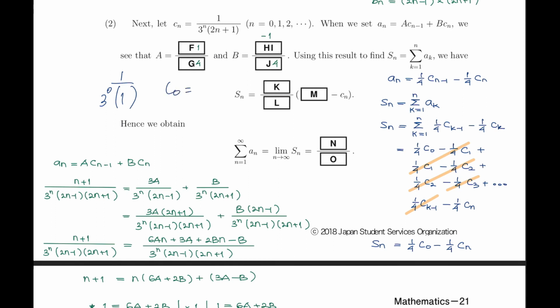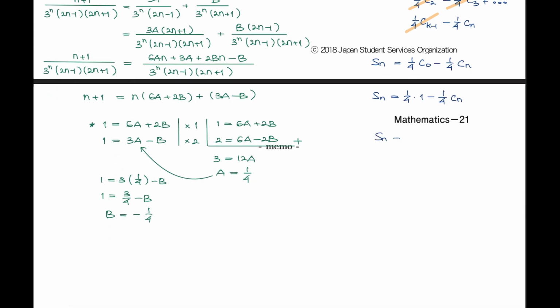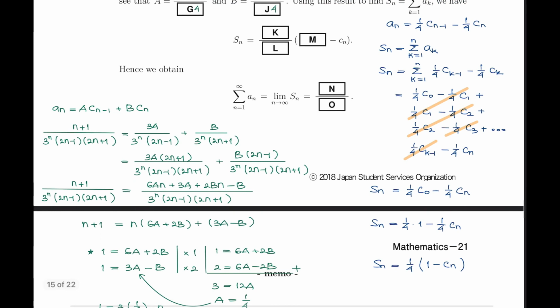So C0 equals 1. So Sn equals 1 over 4 times 1 minus 1 over 4 times Cn. If we factorize the 1 over 4, I got 1 over 4, open bracket, 1 minus Cn. I think this is our expression for Sn. So K is 1, L is 4, M is 1.